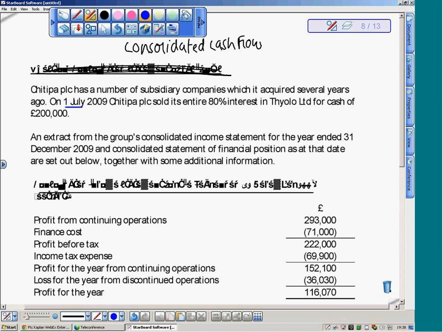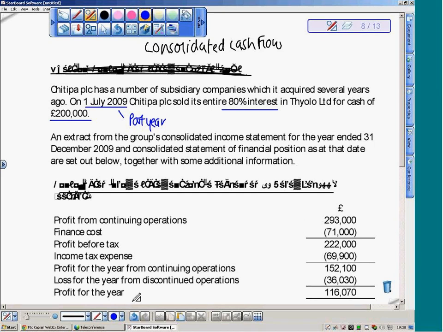On the 1st of July 2009, notice that is part year, remember you want to keep a watchful eye on the dates. We know that 31st of December is our year end. They have disposed of a subsidiary part year. They hold the entire 80% holding in Thiolo Limited for cash of 200,000.